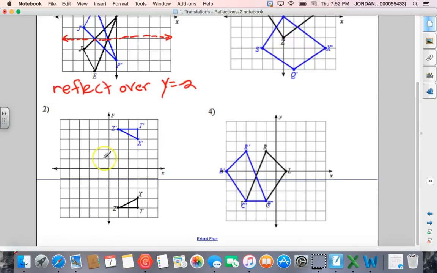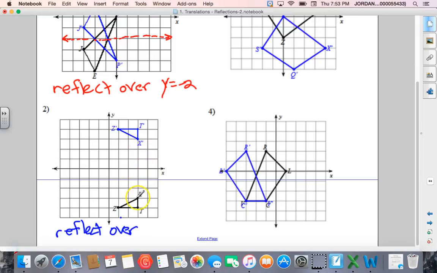Right here we've got the triangle ZXT and Z prime X prime T prime. We have to determine how these reflected. They reflected over what line? So we know they reflect over, or you can say reflection over, but either one's fine. What we have to determine is where the middle is. We have X and X prime, but where's the middle of these two points?